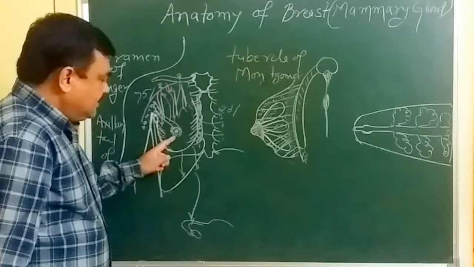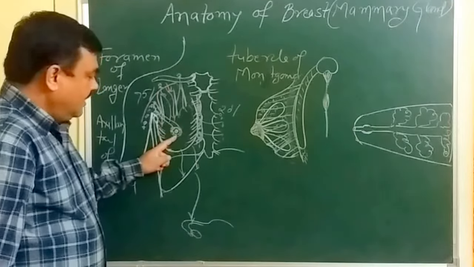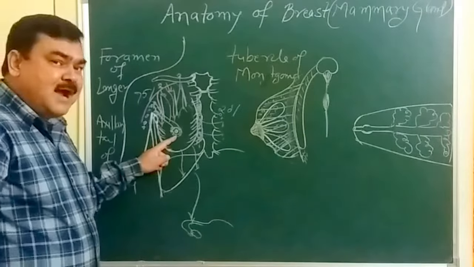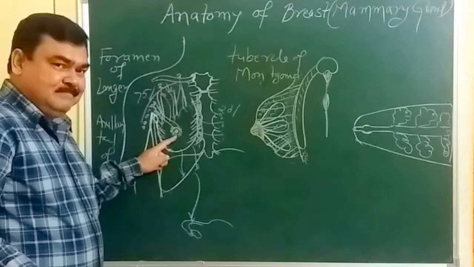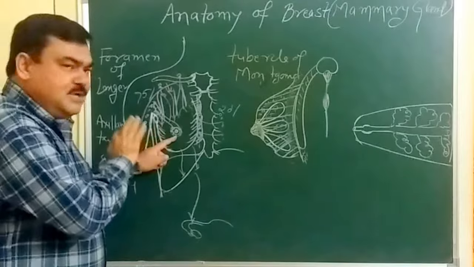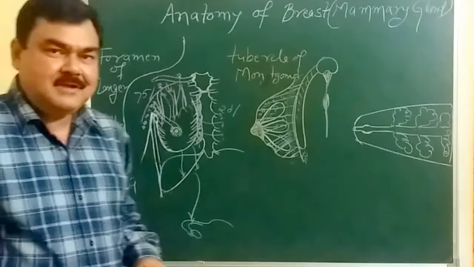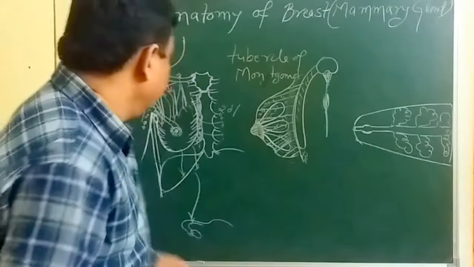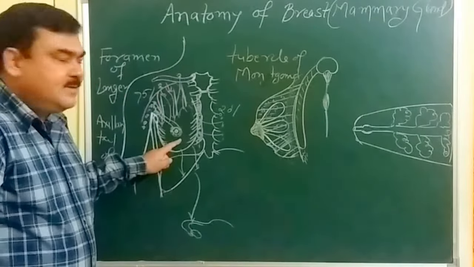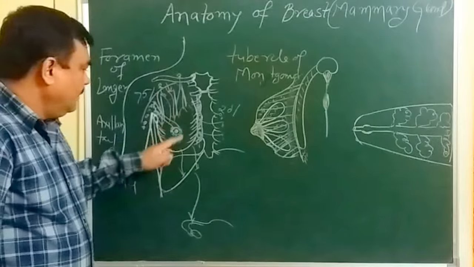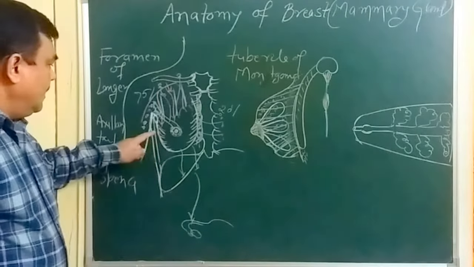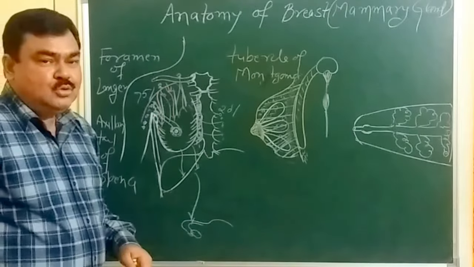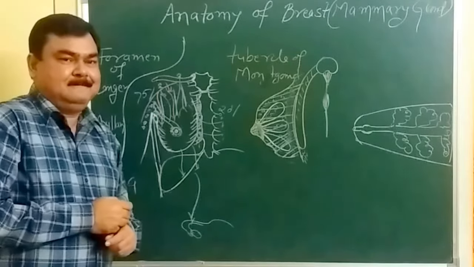Next to the superficial, there is the subareolar plexus of Sappey, which is part of the deep lymphatics. So deep to the skin, all the tissue of the breast is drained into regional lymph nodes through deep lymphatic channels.